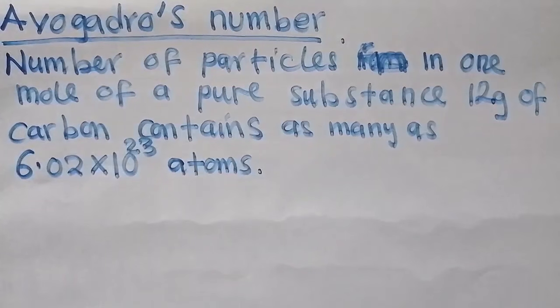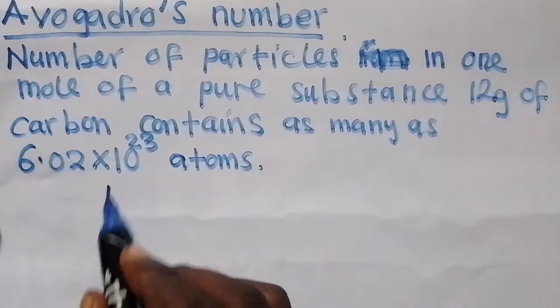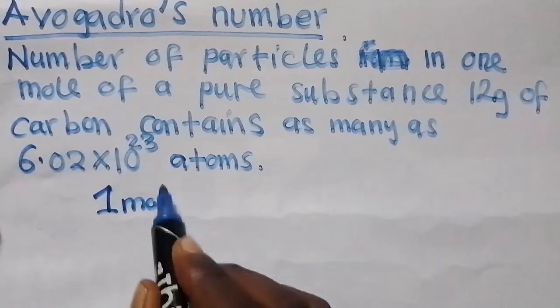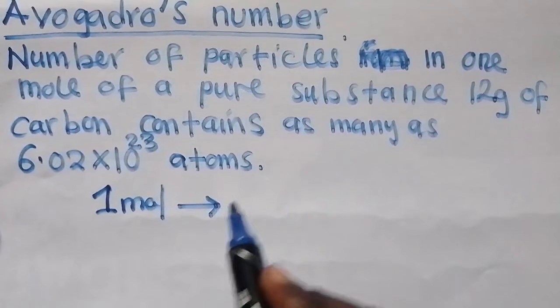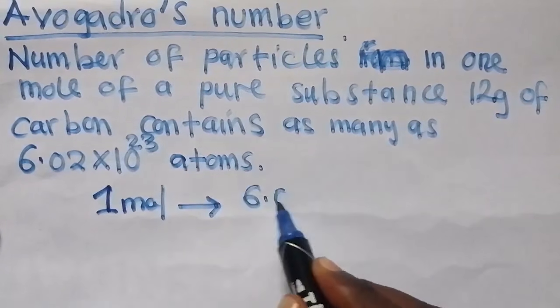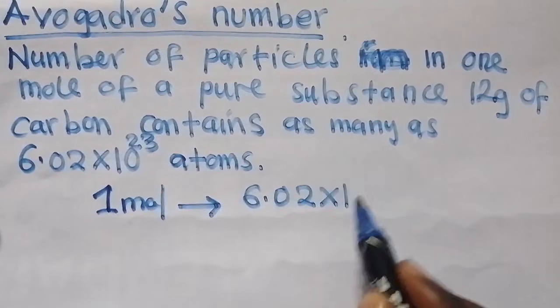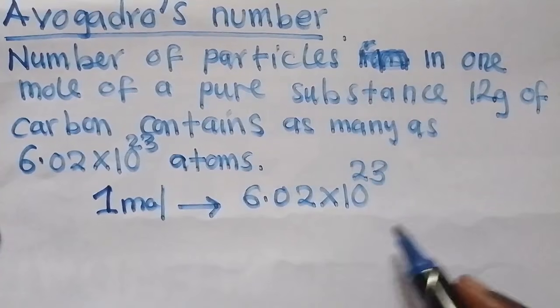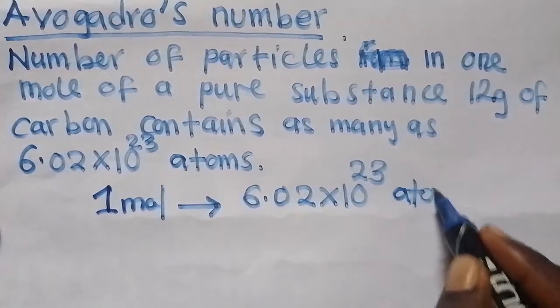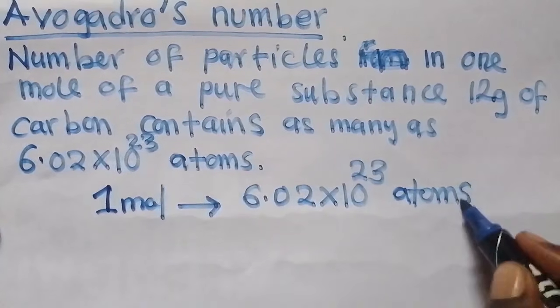This means that 1 mole is equivalent to 6.02 times 10 to the power 23 atoms. This is what the definition is really talking about.